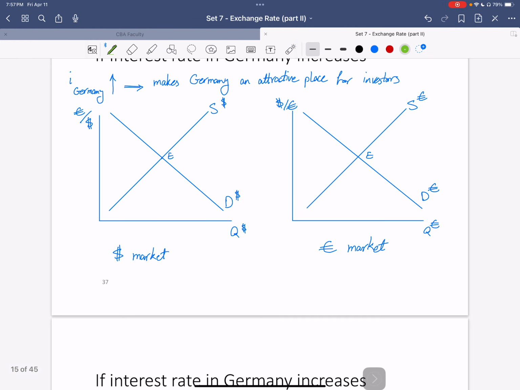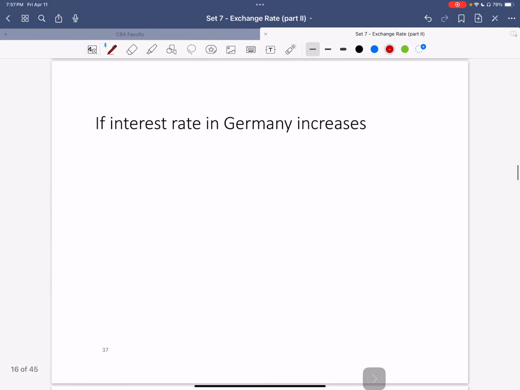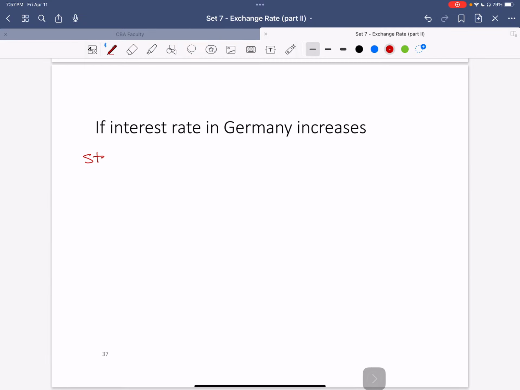So let's see what will happen here. In step one, let's say first label who is the supplier and who is the demand side.